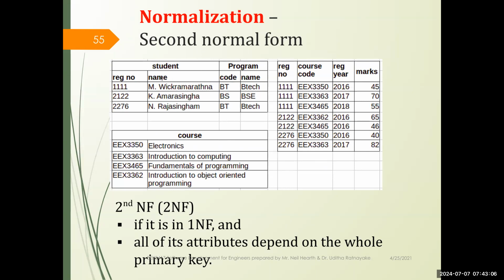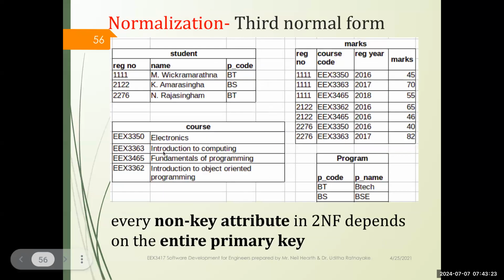We can separate student and program code, and the registration number and course code. Now we can get course code separately here. Second normal form is this. Third normal form is this: program code we can also separate.